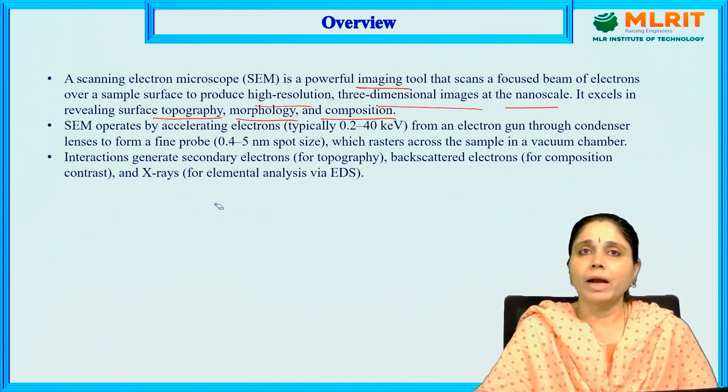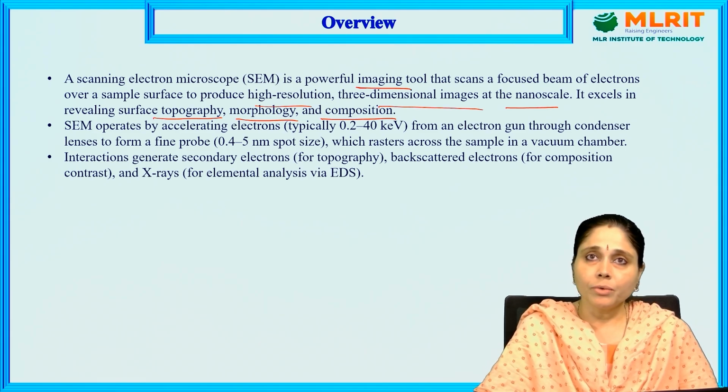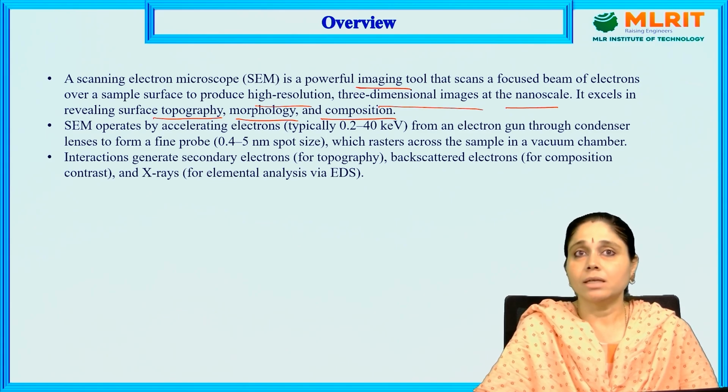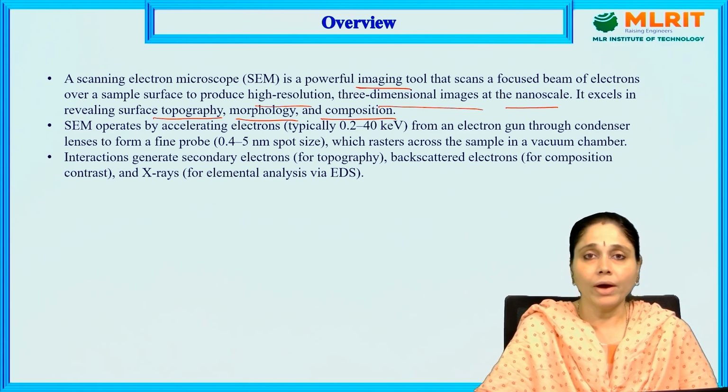SEM operates by accelerating electrons, typically 0.2 to 40 kilo electron volts, from an electron gun through a condenser lens to form a fine probe with a 0.4 to 5 nanometer spot size. So the spot size is very small, of the order of nanometers, and it rasters across the sample in a vacuum chamber.